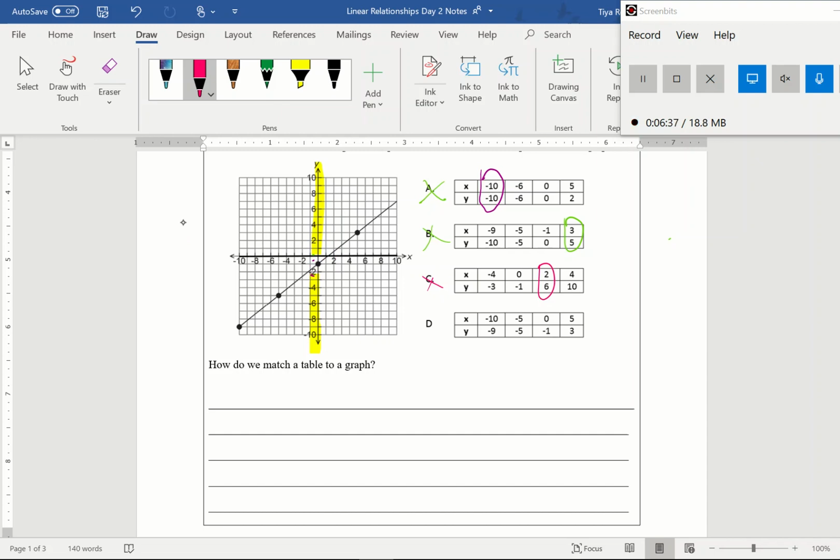So let's start with the easy one. Let's do 5, 3. We've got 5, 3, x, y. Positive 5, so we start at 0 and go positive 5, and then we go positive 3. 1, 2, 3. Is that spot on our line?